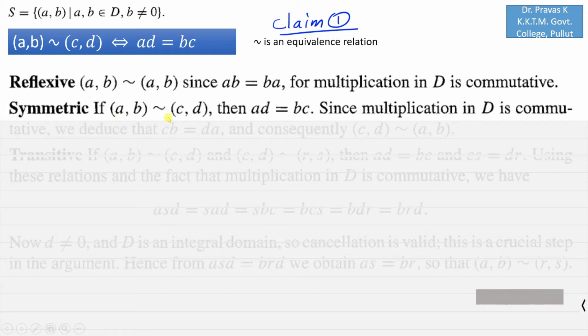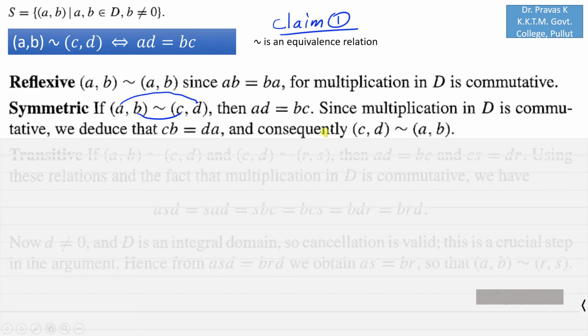Similarly, in order to prove the symmetry property, let (a, b) tilde (c, d), that is ad equals bc. Then since D is commutative, we can rewrite this as cb equals da, and that is a requirement for (c, d) and (a, b) to be in the relation tilde.